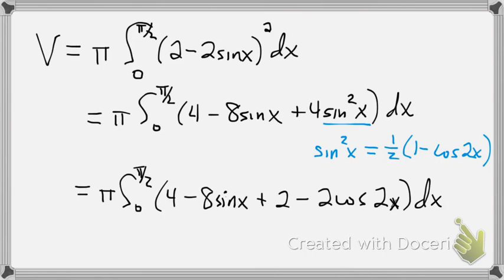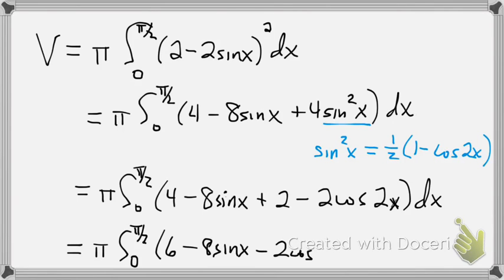And then I can distribute the 2. Like terms? Why, yes, don't mind if I do. 6 minus 8 sine x minus 2 cosine 2x dx. So no calculus yet. This has all been using a trig identity and combining like terms.